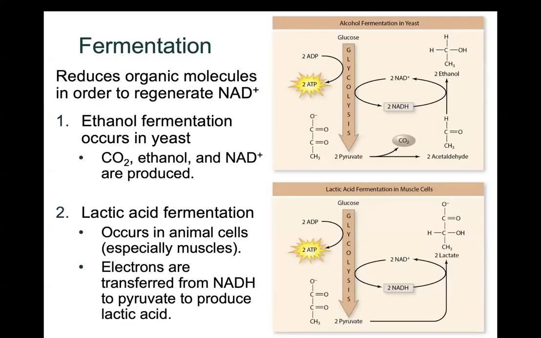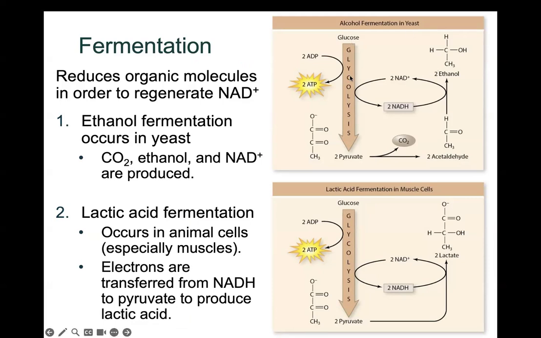So fermentation. As I said, in fermentation we're not creating a proton gradient. You're not going into the citric cycle to create more NADH and FADH2 to go into the electron transport system.